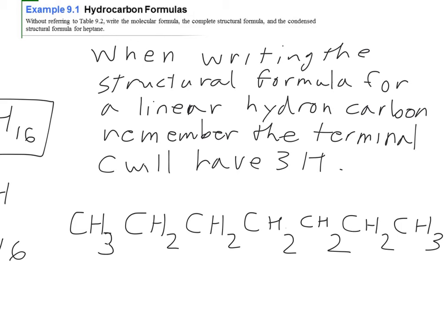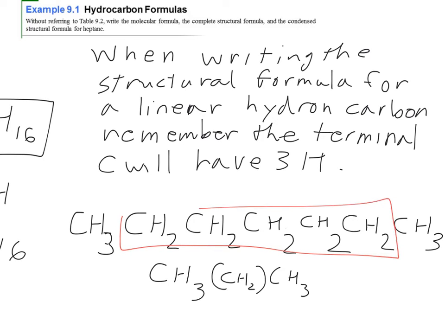Another way of writing this, to make it even more condensed, we could have our terminal carbons, CH3, CH3, but in between we can put a set of parentheses. We can put CH2, because this is the part that's repeating, and this CH2 repeats 5 times, right?